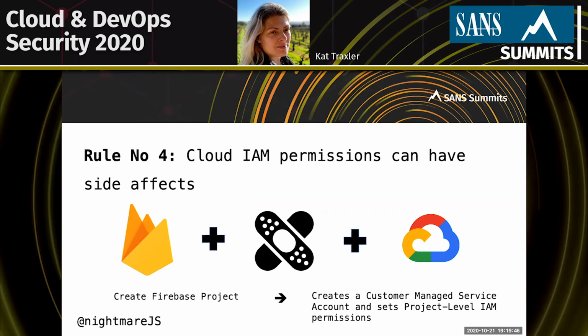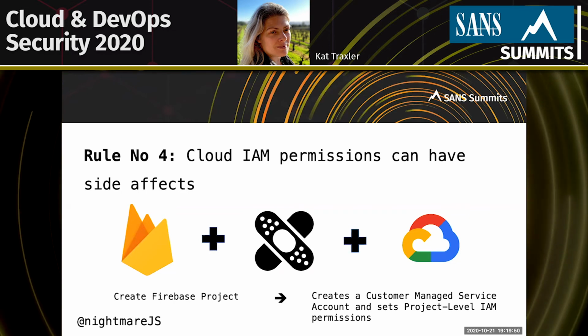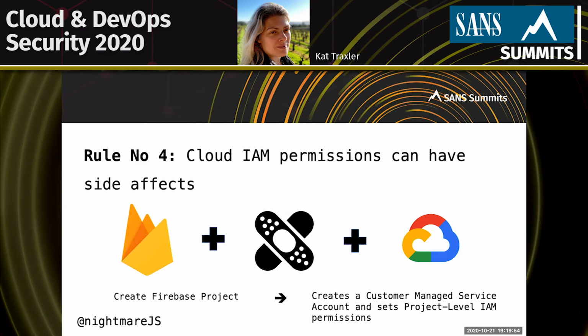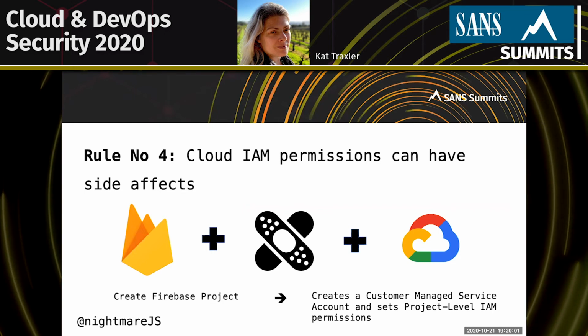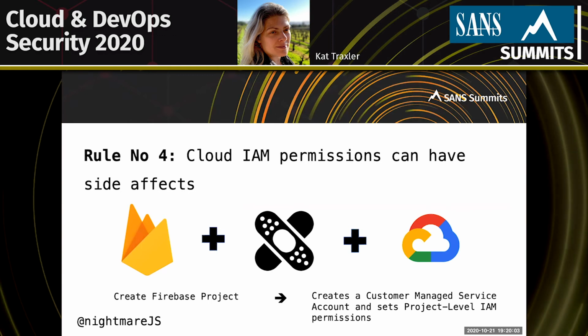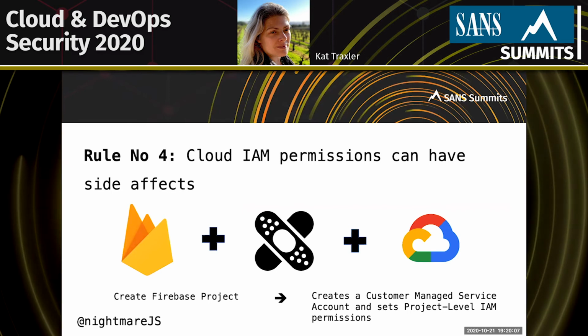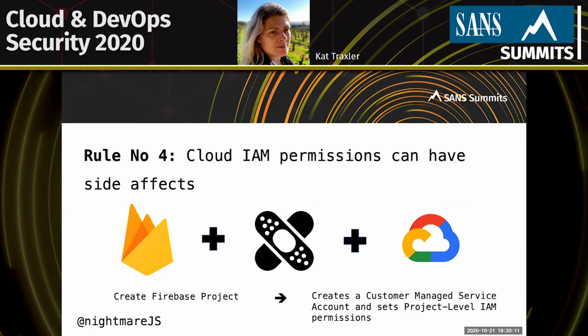In 2014, Google acquired Firebase. And Firebase is a unique collection of PaaS services running on top of GCP. It's a platform that got bolted onto a platform. When IAM permissions were introduced in GCP, the permissions included permissions for creating and managing Firebase projects.